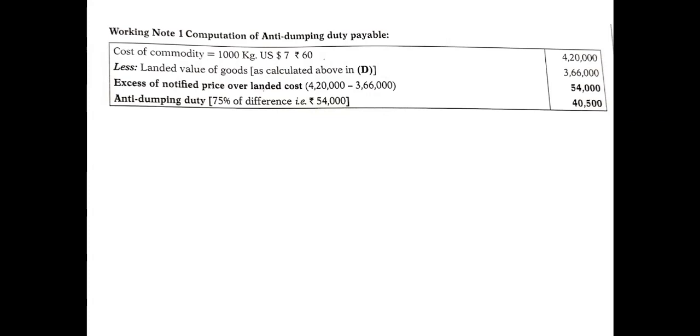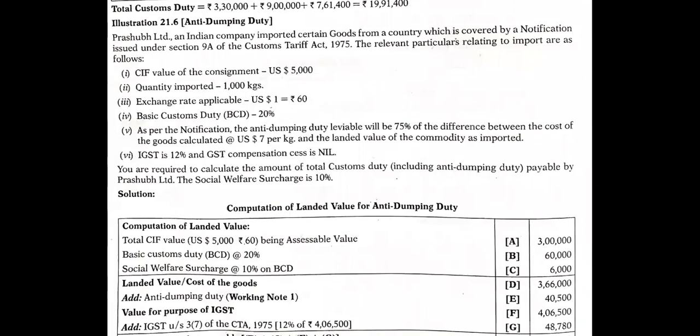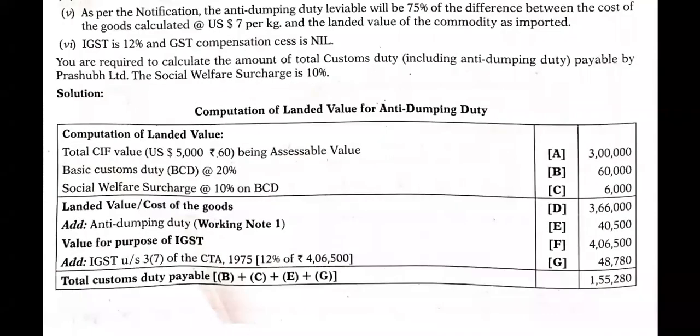Now anti-dumping duty. They told you that the difference value, whatever it is, 75% of that is the anti-dumping duty. So how much is the difference? That is 54,000. Of 54,000, 75% is 40,500. This amount we take as working note number 1, anti-dumping duty, 40,500.